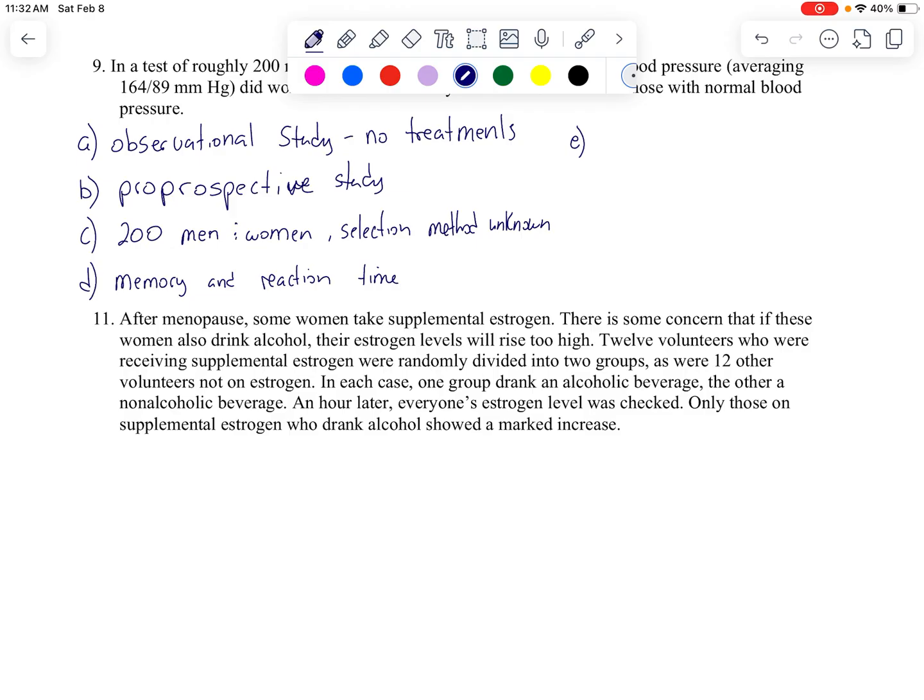And again, since there was no random assignment, no control group. Again, we haven't talked about what a control group is. A control group is going to be the group that would receive the placebo. They would be the group that received no treatment. They're my baseline group that I can compare to. No conclusion can be made.